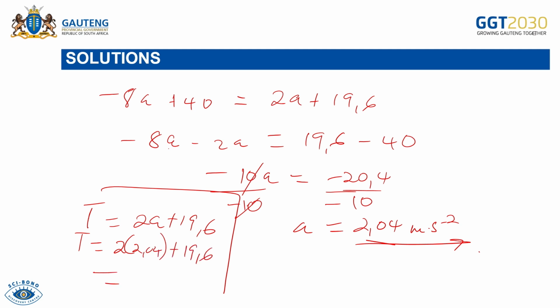So 2 times 2.04 is 4.08 plus 19.6, which is going to be 23.68 newtons.